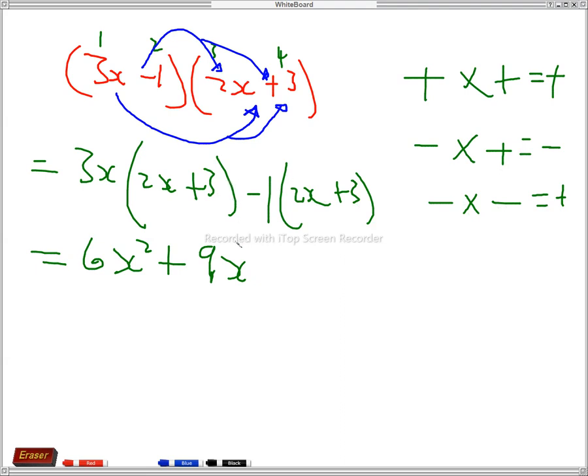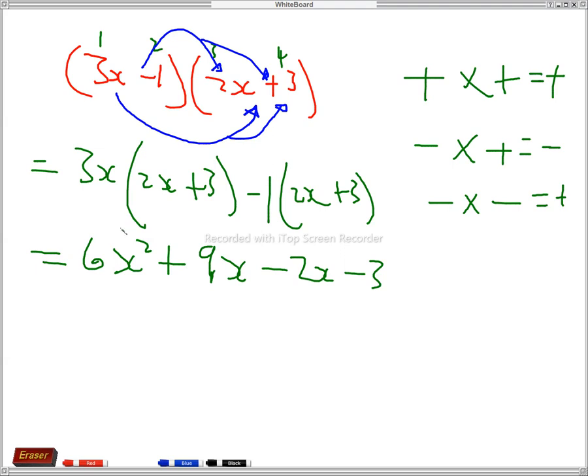Let me just say negative 1 multiplied by negative 2x. My answer is going to be positive 2x, and then negative 1 multiplied by 3 is going to be negative 3, minus 3 there. So now I did expand here by removing the brackets.